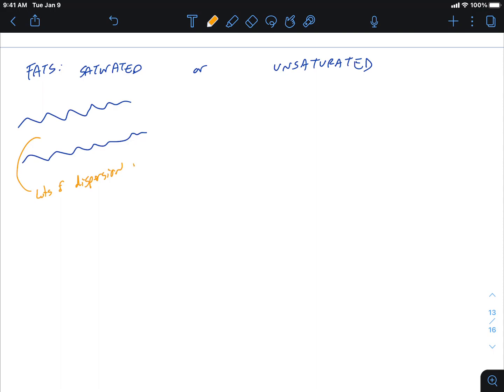So there's lots of dispersion forces and there's lots of surface area. So what happens when you have lots of surface area and your primary intermolecular attraction is dispersion forces? They all cling together pretty well. And so saturated fats are solids at room temperature.